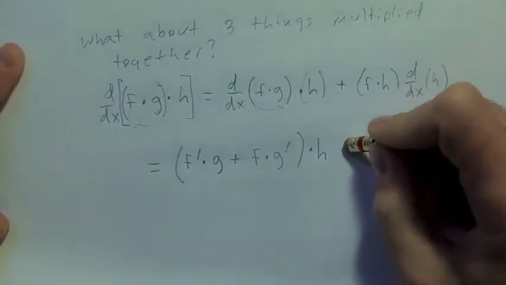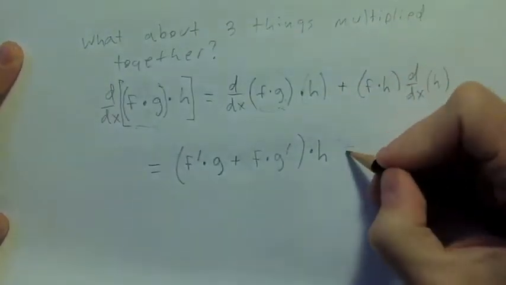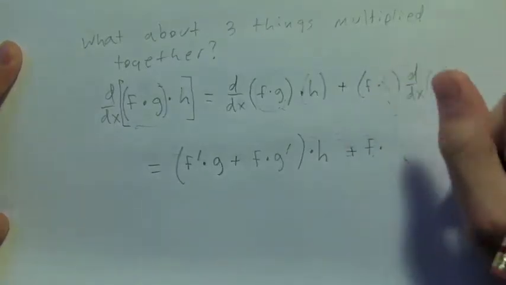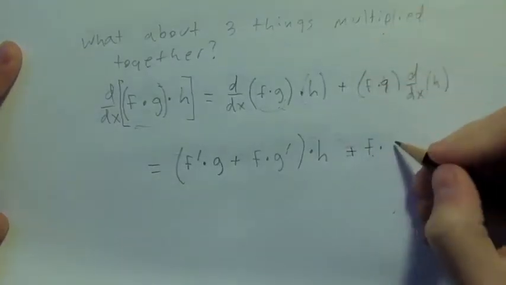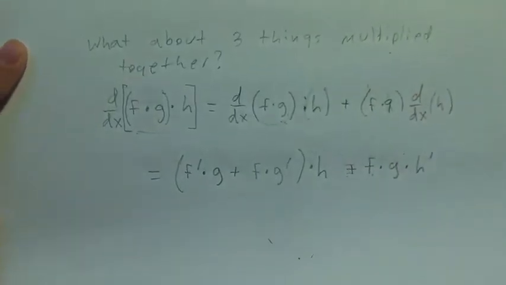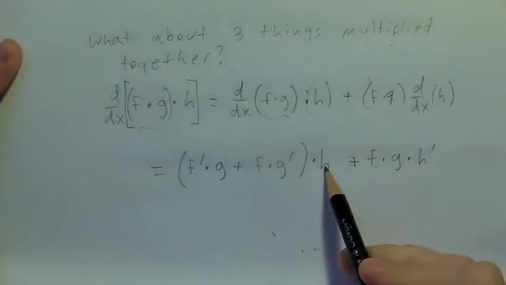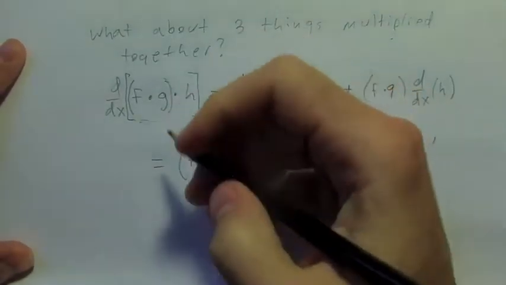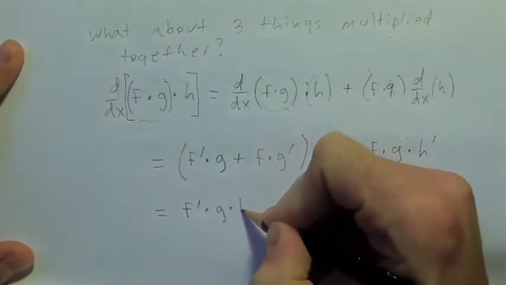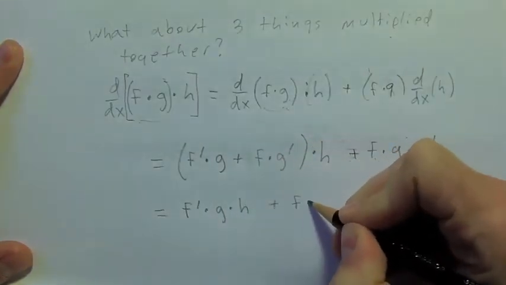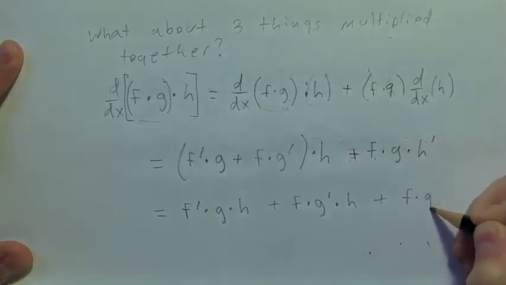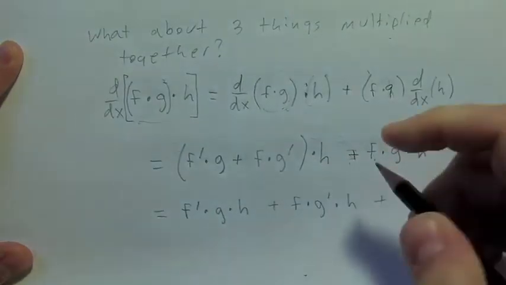Then we will have plus f times g times h prime. Now this doesn't look like much yet, but let me distribute this h across and we'll actually get that this is equal to f prime times g times h plus f times g prime times h plus f times g times h prime.